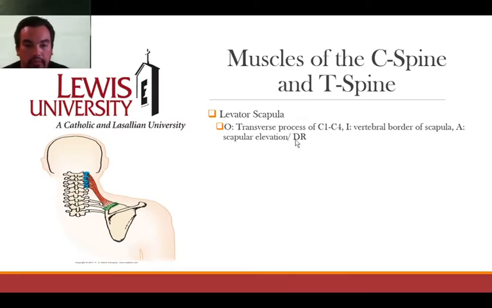We also have the levator scapula. So you see this little guy attaches to these transverse processes of C1 and C4. Okay, these lateral protuberances off this vertebral body are transverse processes, and they insert at the vertebral border of the scapula, so down here. The action of this would be what?